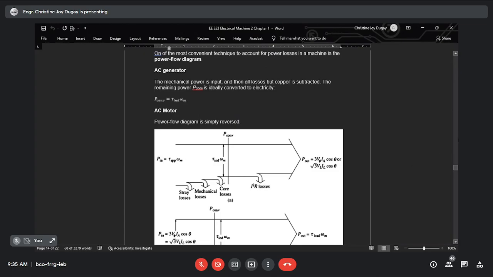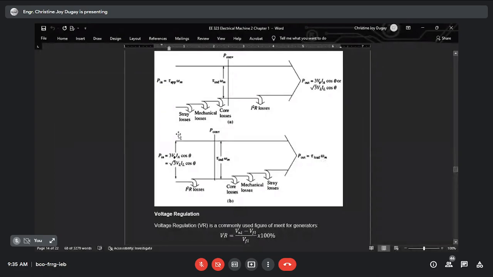It is the same with the mechanical, you just reverse it. Before it is converted to its output, it passes through the core losses, mechanical, and stray load losses. How about the voltage regulation?